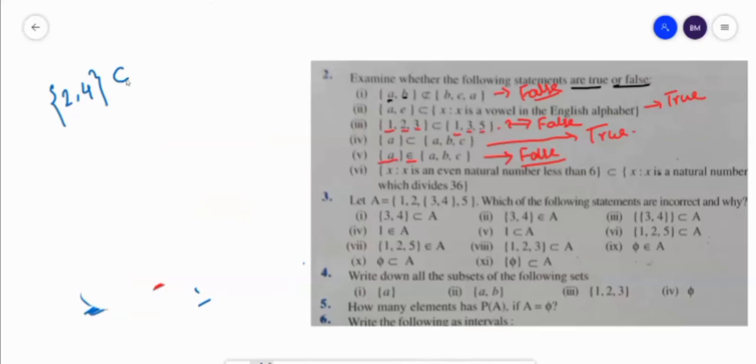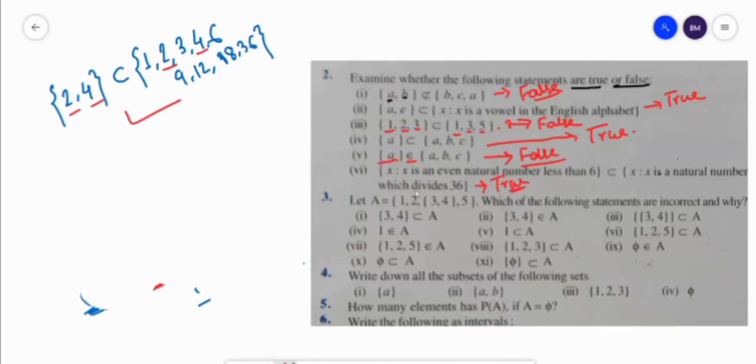And x is a natural number which divides 36. So the divisors are 1, 2, 3, 4, 6, 9, 12, 18, and 36 itself. So clearly the elements 2 and 4 are there. Therefore it is a correct statement, so this is a true statement.